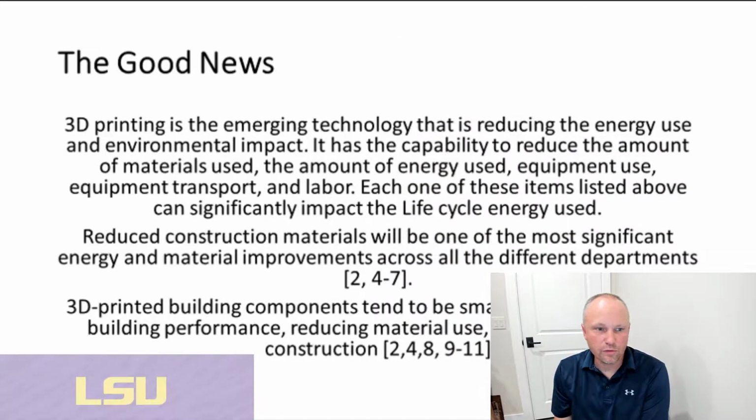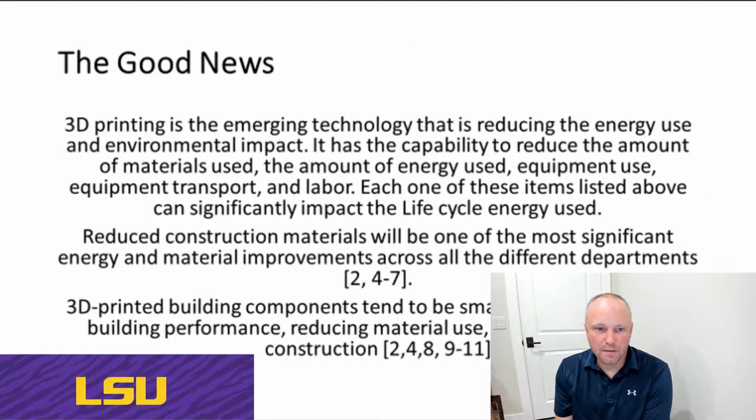The good news: 3D printing is the emerging technology that is reducing energy use and environmental impacts. It has the capability to reduce the amount of materials used, the amount of energy used, equipment use, equipment transportation, and labor. Each one of these items listed above can significantly impact life cycle energy use.